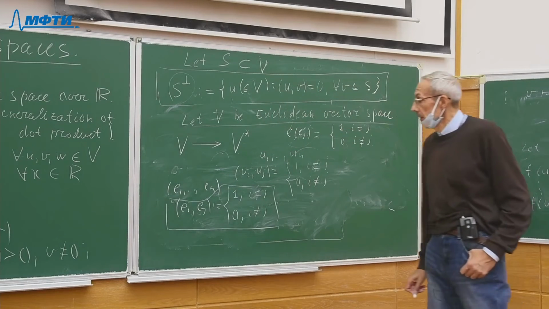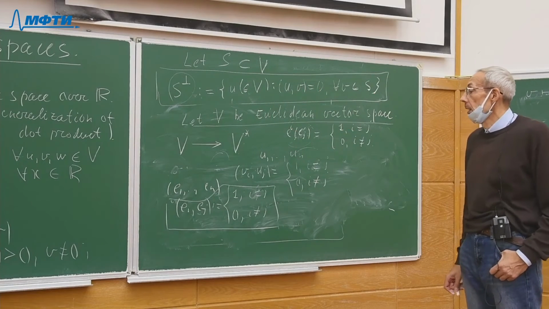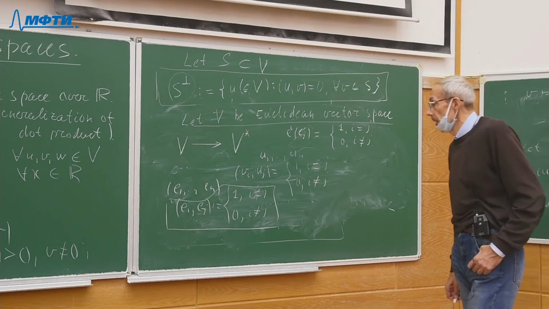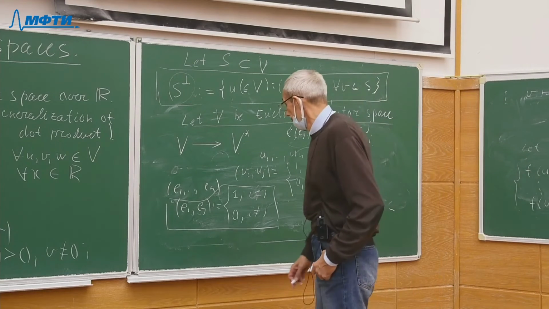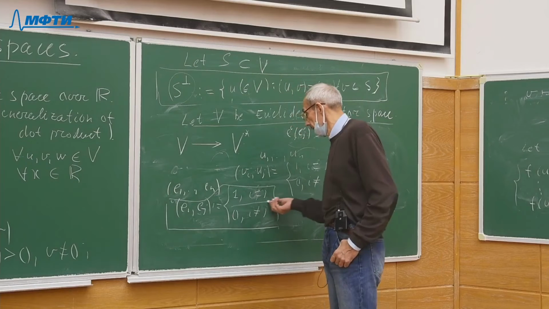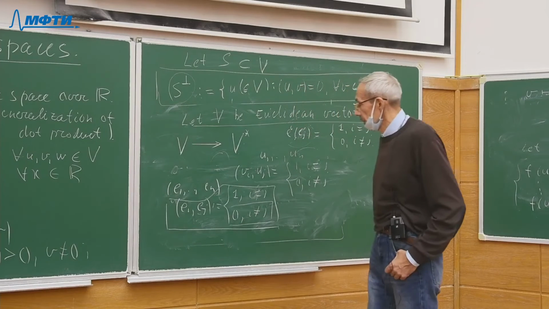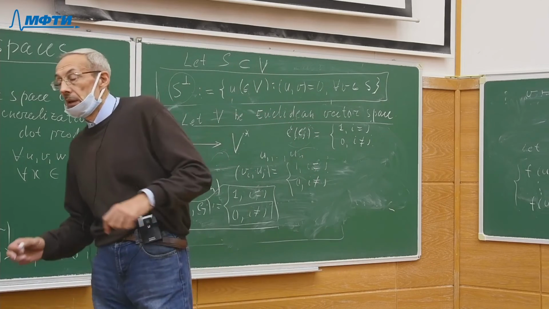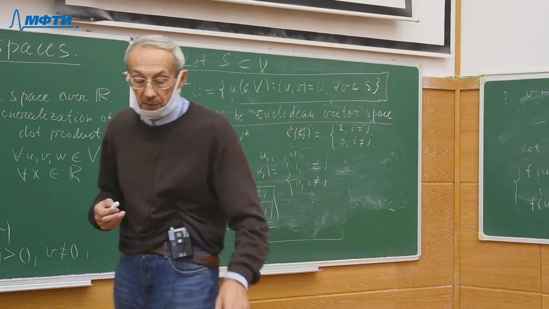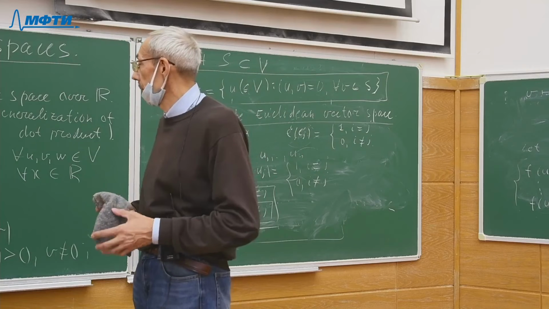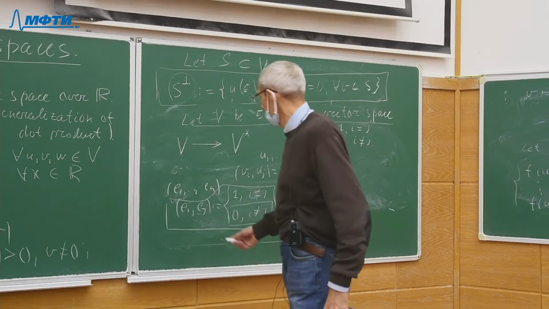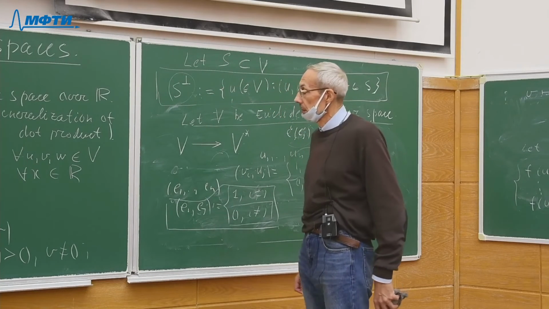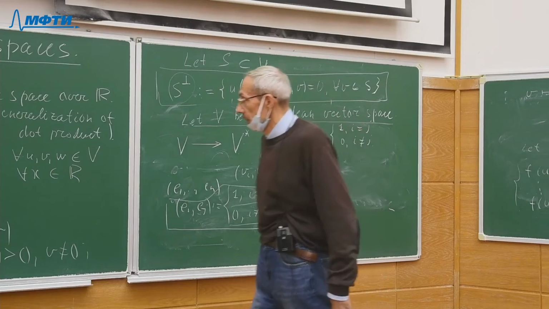Such a basis is called an orthonormal basis. But if we have only the second condition, it means that any different vectors of this basis are orthogonal or perpendicular. And in this case, we deal with the so-called orthogonal basis.